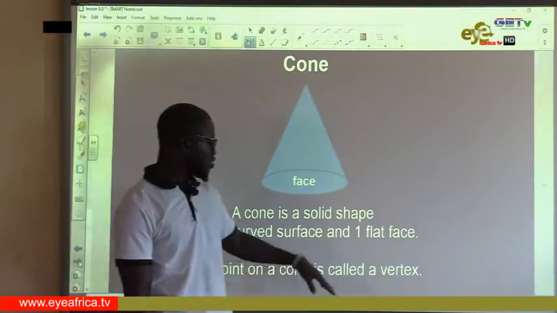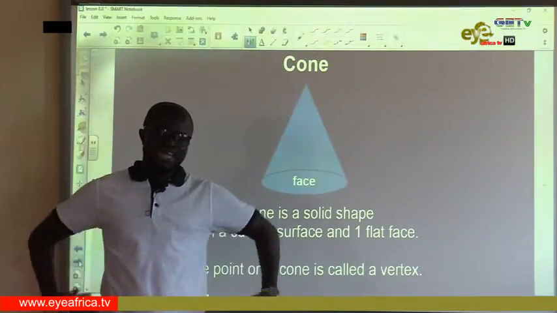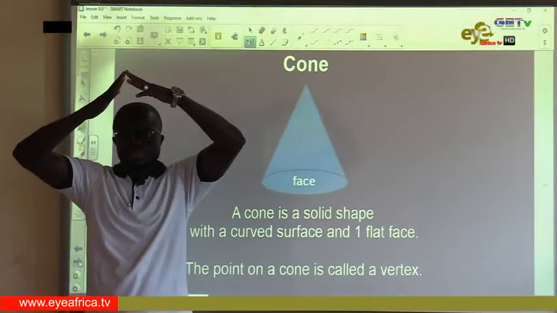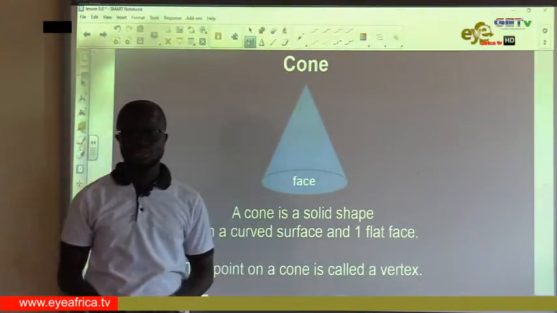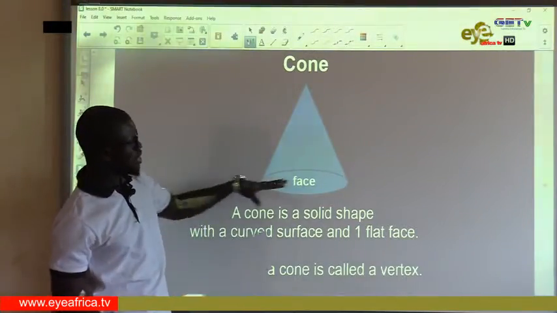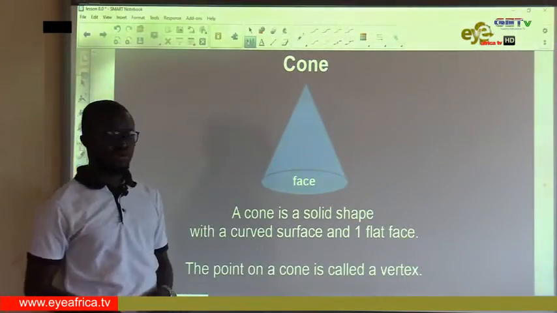The point on a cone where the edges meet is called the vertex. So these are the properties of the cone.